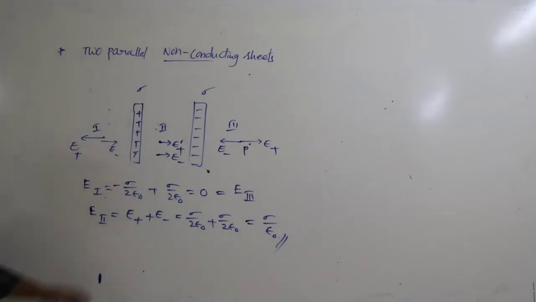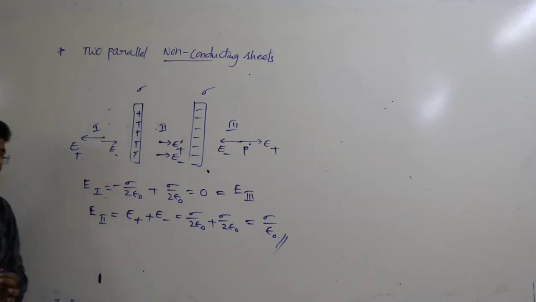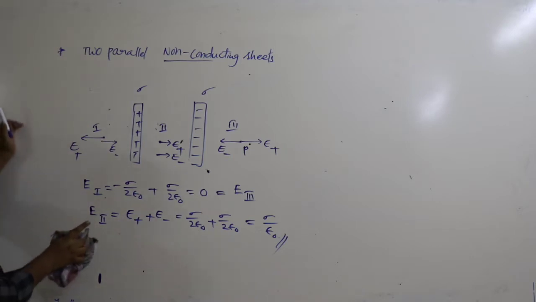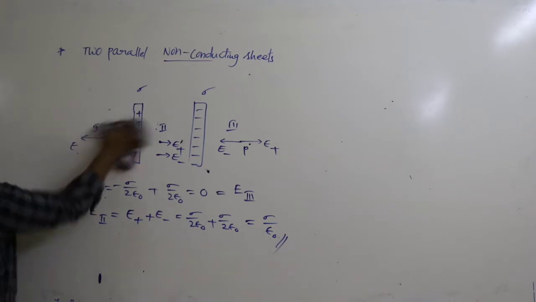Now what is the electric field in between the plates? Sigma by epsilon naught, outside the plates sigma by 2 epsilon naught. Okay, so we'll see some problems based on conducting and non-conducting sheets. These are very important, and will be very useful in the capacitors chapter.